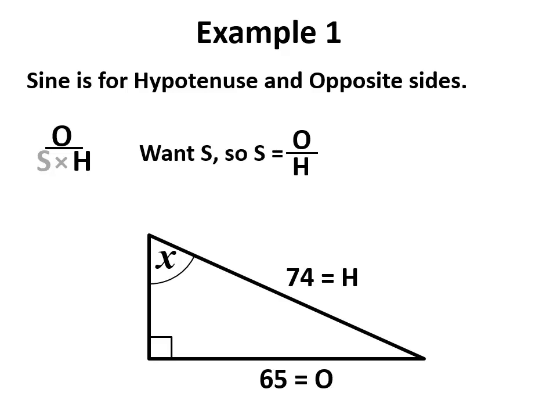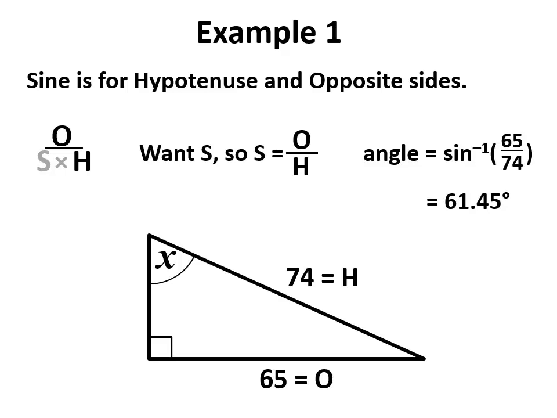So we cover up the trig function, which tells us that sin is O divided by H. We want the size of the angle, so we use shift sin, and putting that in our calculator tells us that that angle is 61.45 degrees.